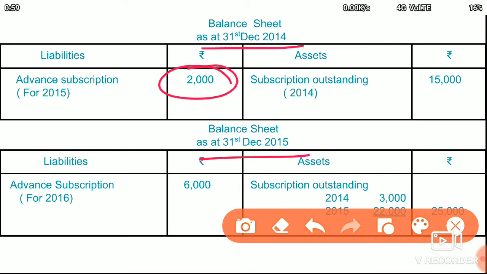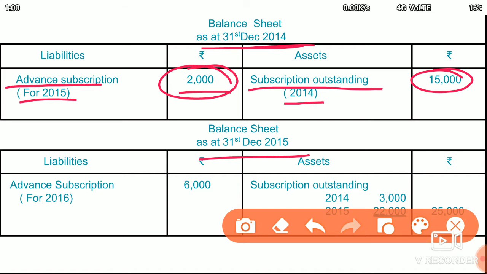This 2,000 rupees was received as an advance for the current year, so this becomes a liability because this belongs to 2015, which was received in 2014 as an advance. So advance subscription of 2,000 becomes a liability in the previous year's balance sheet, and in the previous year there was an outstanding of 15,000, so this becomes an asset in the previous year's balance sheet.